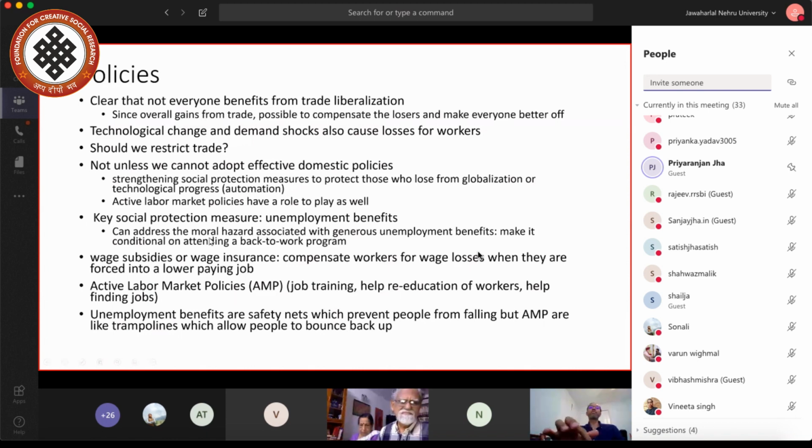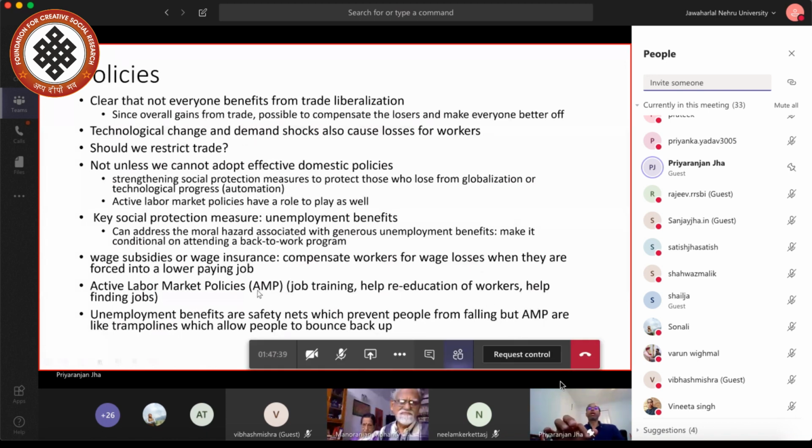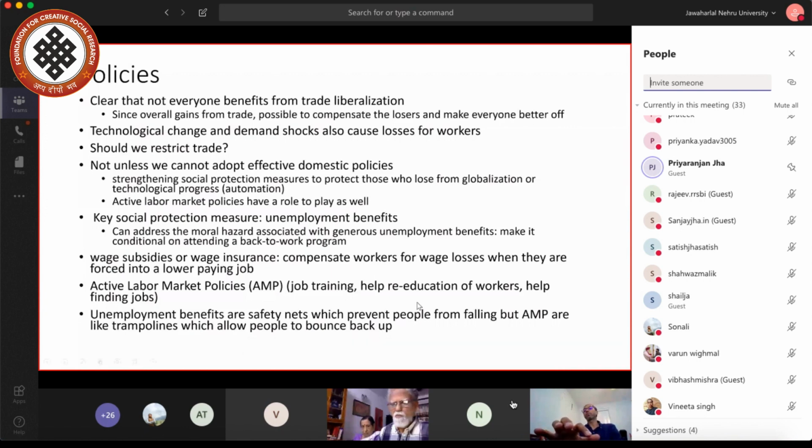And the active labor market policies that I talked about here have proved to be very successful in many European countries. These are policies of job training, helping re-educate the workers. They learn newer skills so that they can find a job where more jobs are being created, and agencies can help workers find jobs, and that can play an important role.